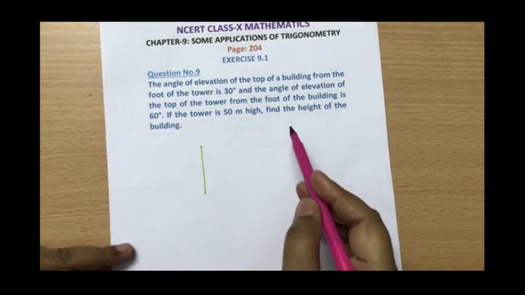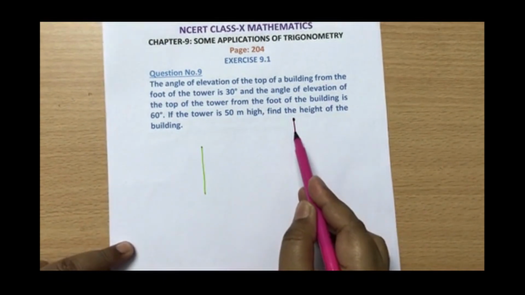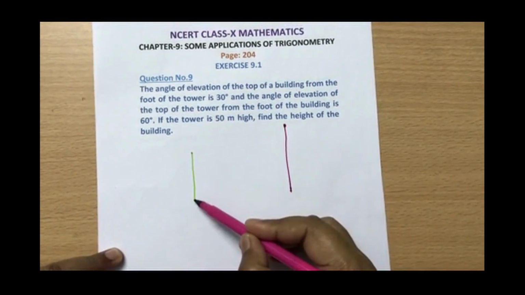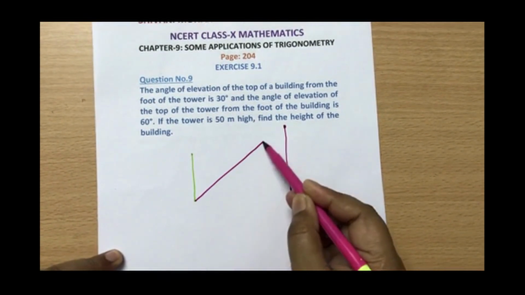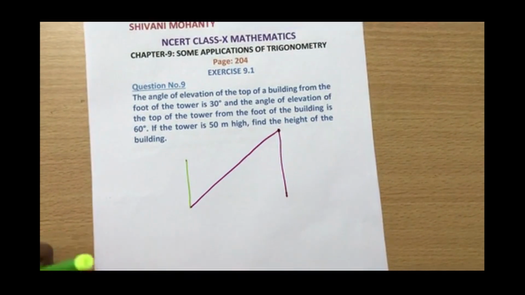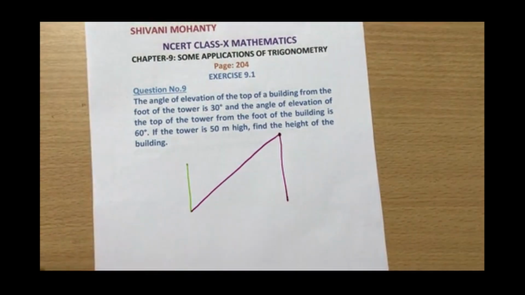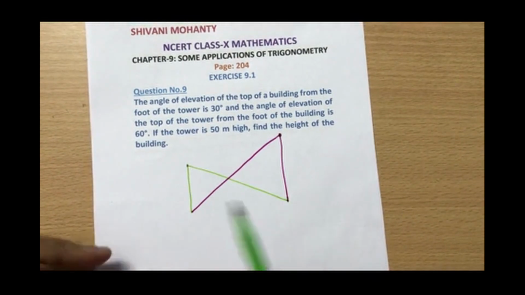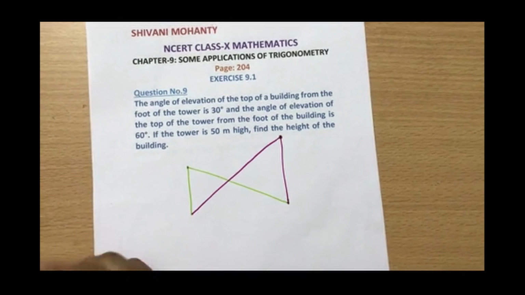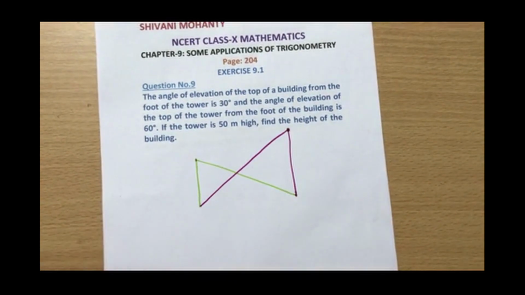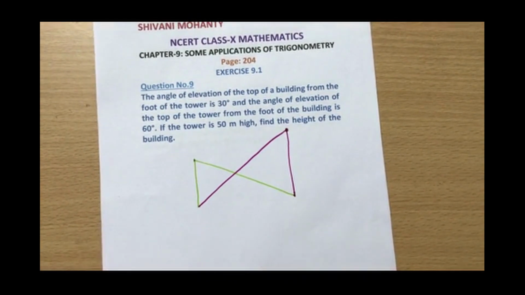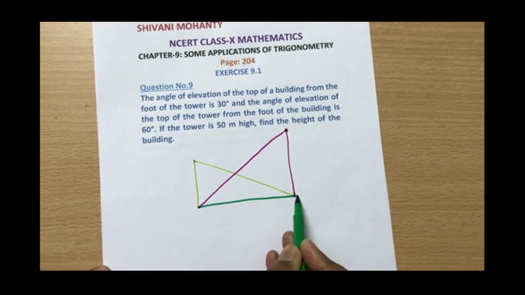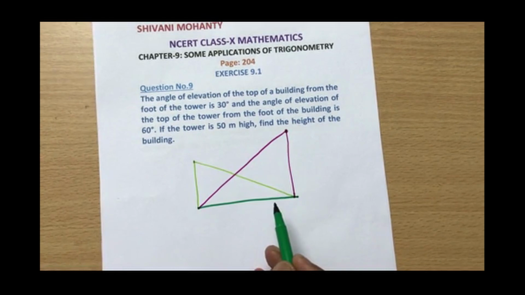The tower is somewhere here. Foot of the building to the top of the tower, and then top of the building to foot of the tower. And the distance between both of them is not given.